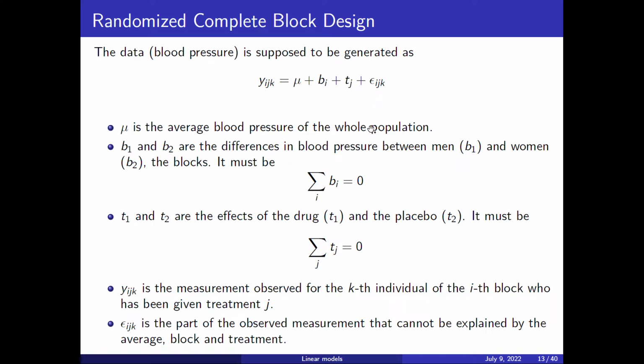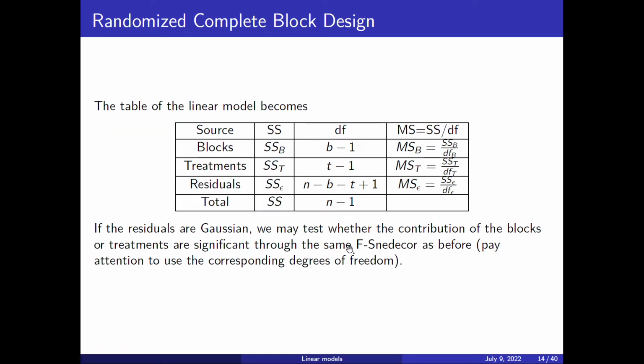plus something that depends on the treatment, plus something that depends on the person itself. And just to make the decomposition unique, again, we add these two constraints, that the sum of all the block contributions has to be 0, and the sum of all the treatment contributions has to be 0. And then the sum of squares is now decomposed in 3 terms.